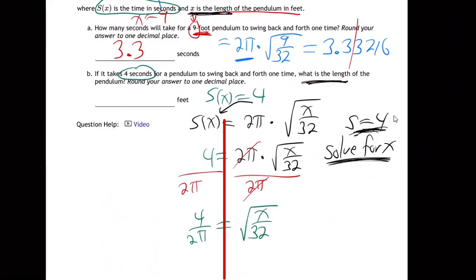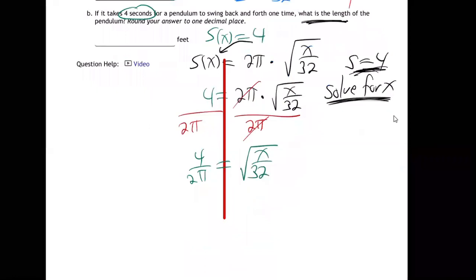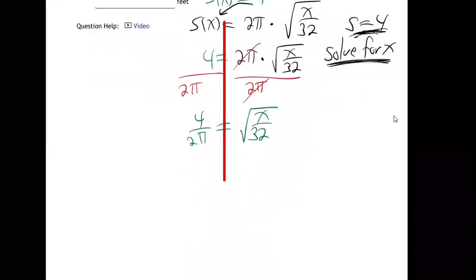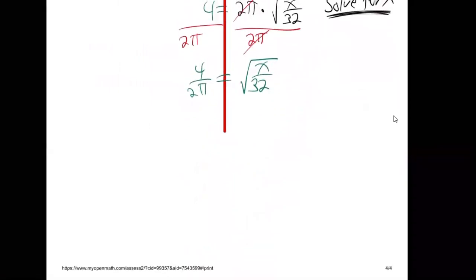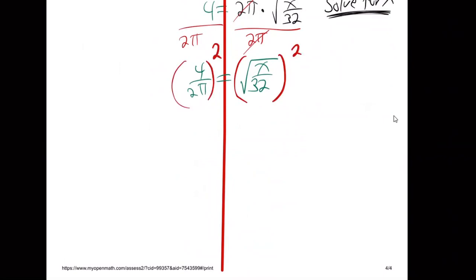So we're getting closer. We're trying to solve for x, wanting to get x alone all by itself. So we got to get rid of that square root. How am I going to get that out of there? Well, you probably remember, we're going to square both sides.